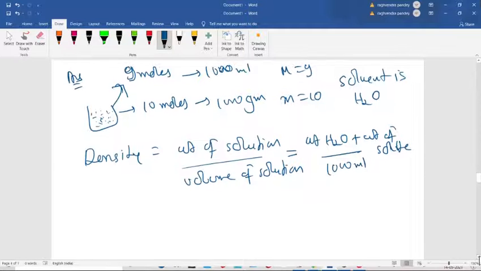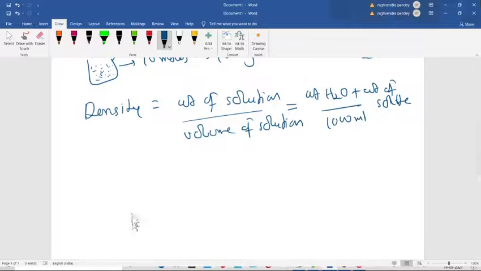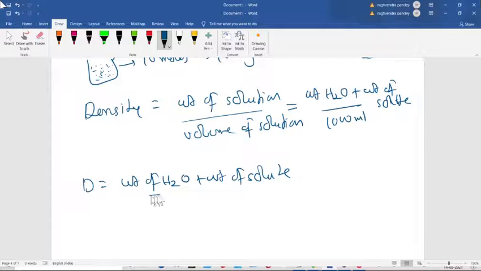Okay, this one. So density is your weight of water plus weight of solute divided by your 1000 ml. In 1000 ml, what is this?